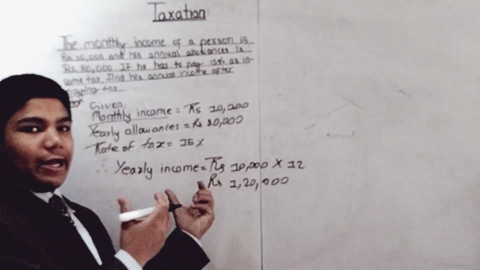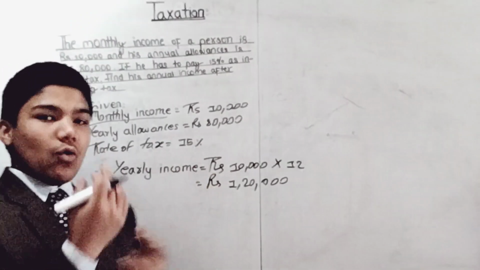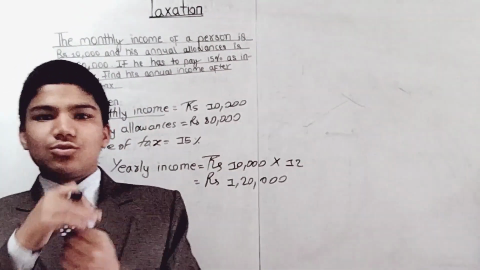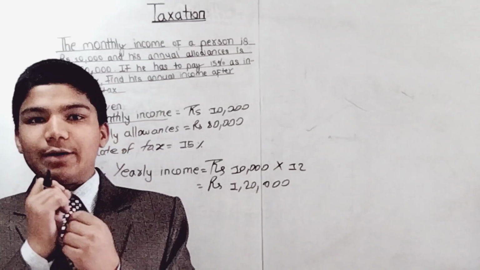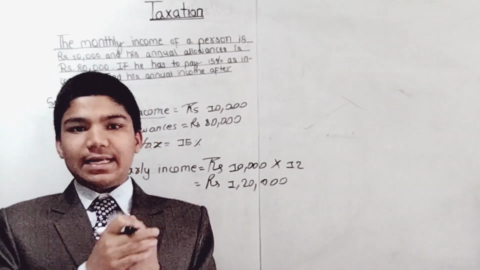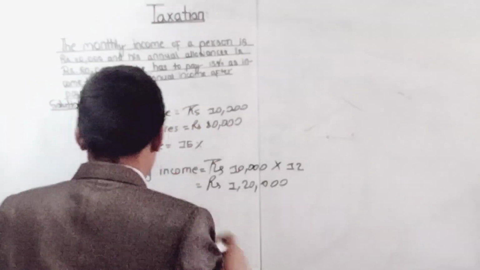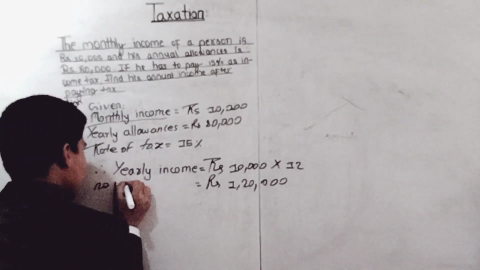So now we know yearly income also. Now what to do, how to find? For that, first of all we have to know the taxable income. What is the taxable income? Let's find it right now.